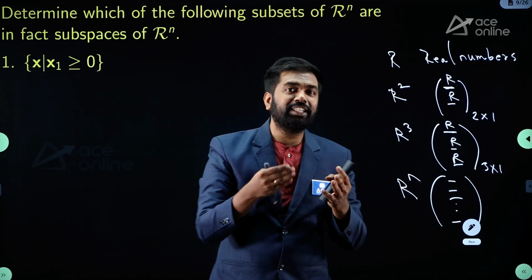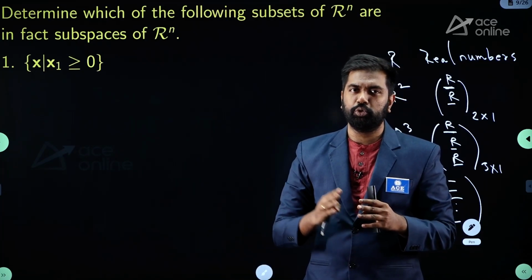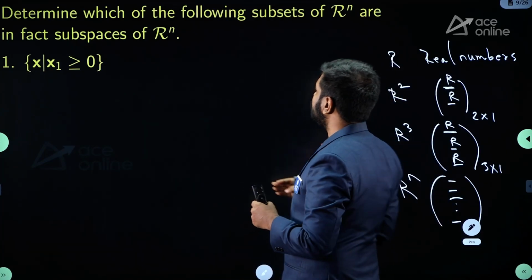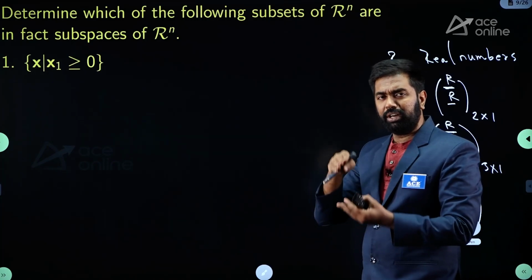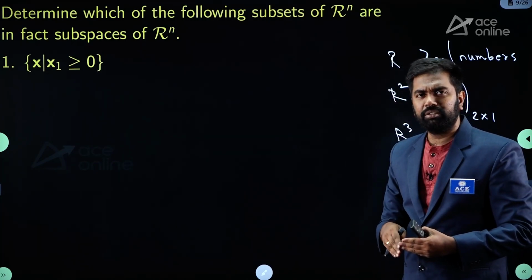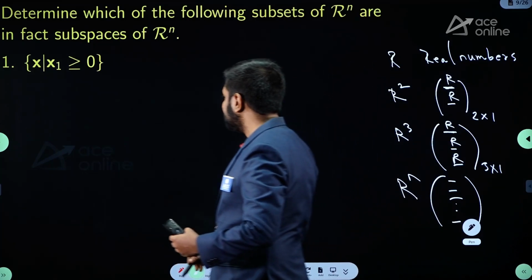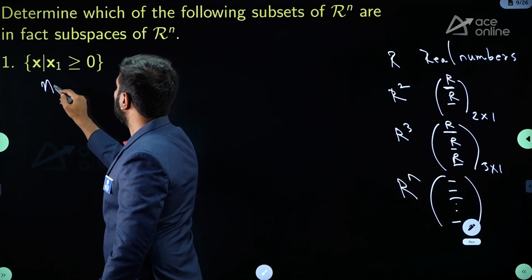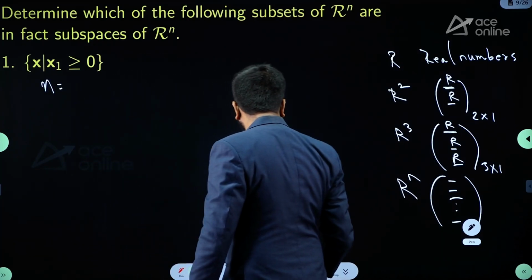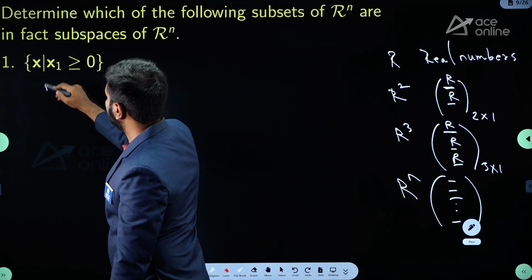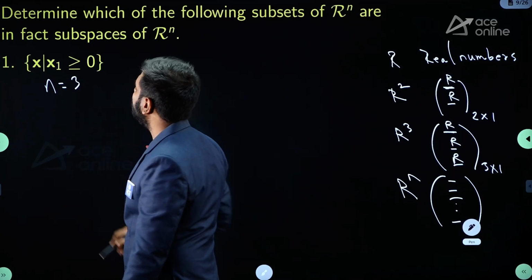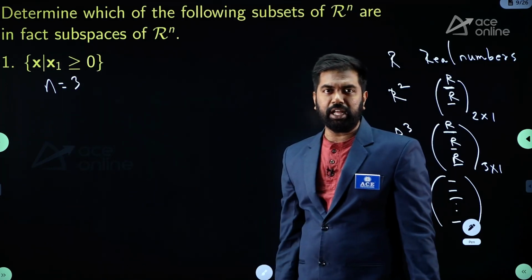Checking for R power n would be difficult, since you have to imagine an n tuple vector. So I'll simply set the value of n as 3, students. Basically I'm looking at a 3 tuple vector. There is nothing wrong in this kind of analysis. Let's look at a 3 tuple vector.